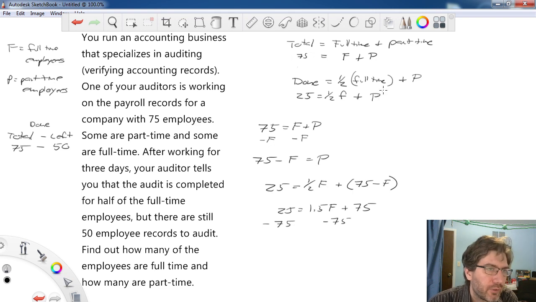This isn't all your part-time, that's why. It's half your full-time plus some part-time, and I don't know how many part-time. Does it tell you that? Some are part-time and some are full-time. After working for 3 days, the auditor tells you that the audit is completed for half of the full-time employees, but there are still 50 employee records.